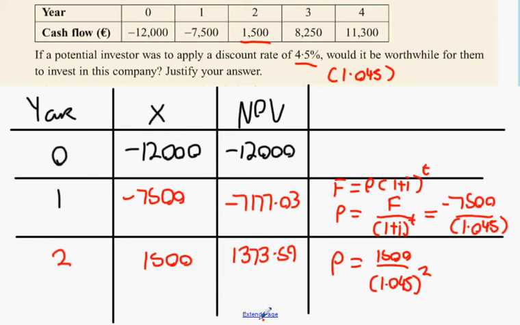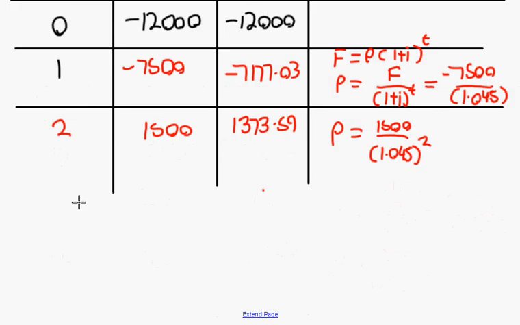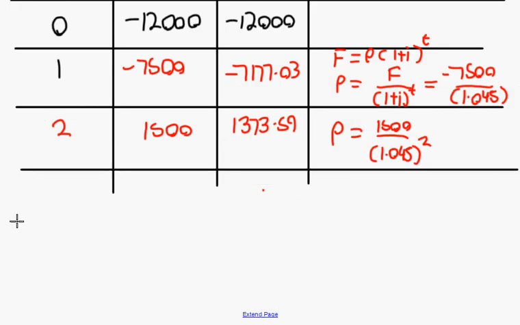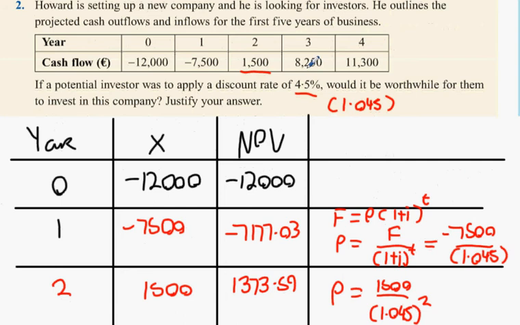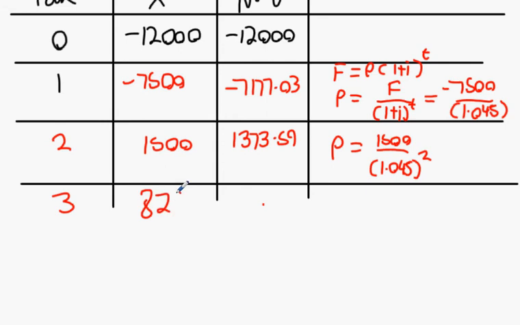Go again. What's the next one then? We're on year 3. So what's year 3 then? Year 3 says they're going to give us 8,250 euro in 3 years' time. But 3 years' time, that'll be worth a bit less today, wouldn't it? So how do we do it again? Our P value equals our F value divided by 1.045 cubed.